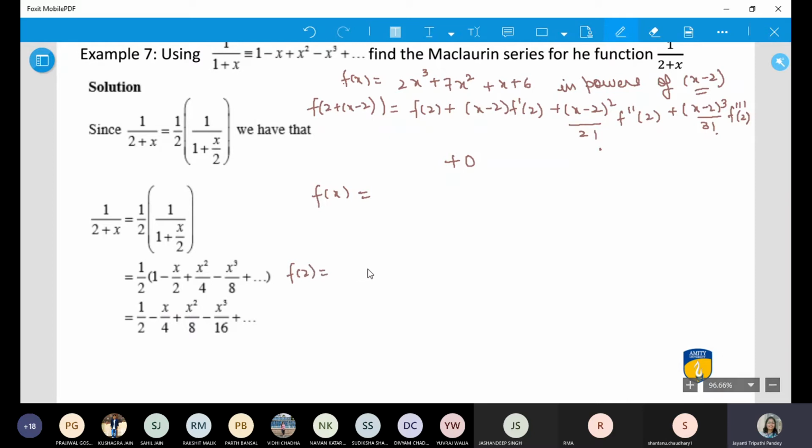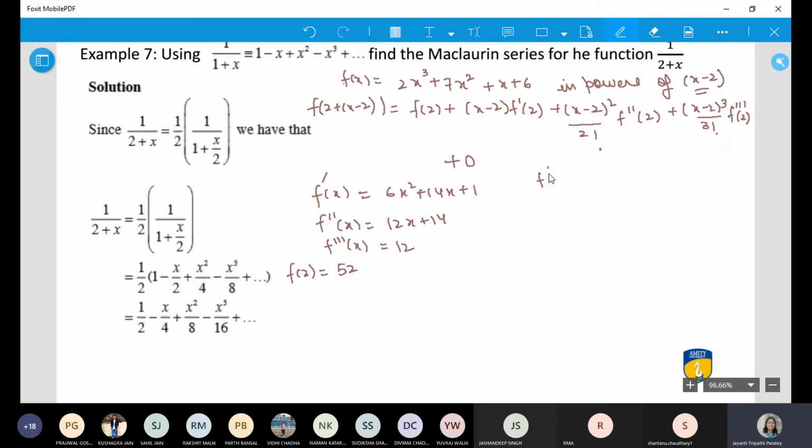f(2) is 16 plus 28 plus 8. So this is 52. Then f'(x) will give us 6x square plus 14x plus 1. f''(x) will give us 12x plus 14. f'''(x) will give us 12.